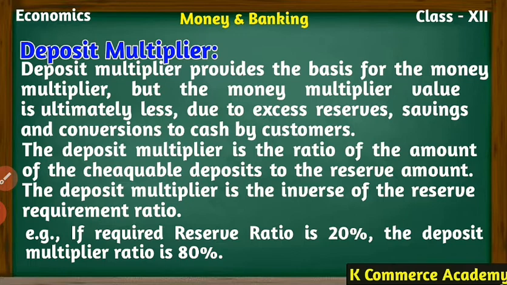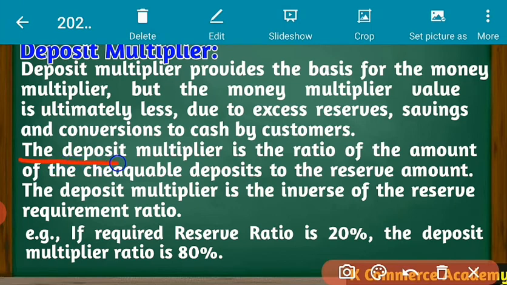The deposit multiplier is the ratio. Now the important thing, the deposit multiplier is the ratio of the amount of checkable deposits to the reserve amount. So whatever the reserve amount we have, of which what is the checkable deposit, that is meant by deposit multiplier.